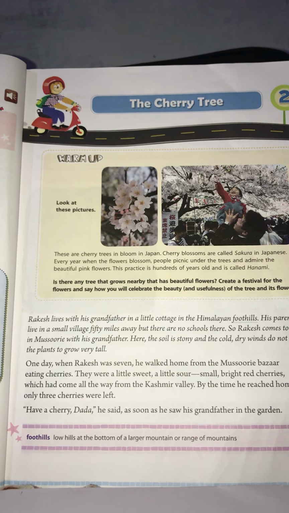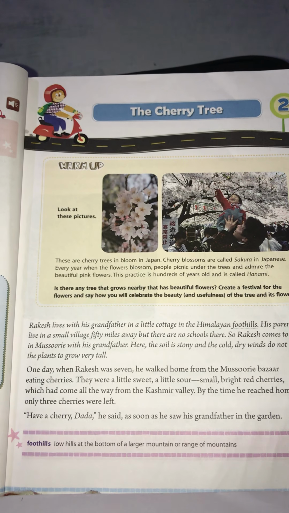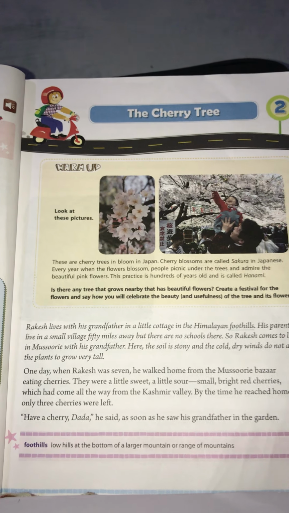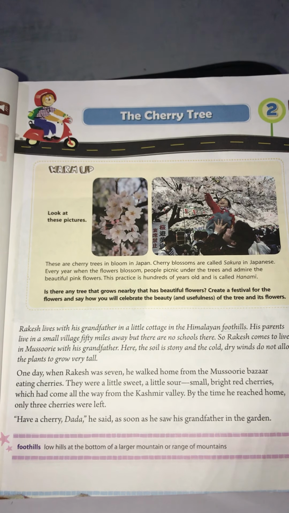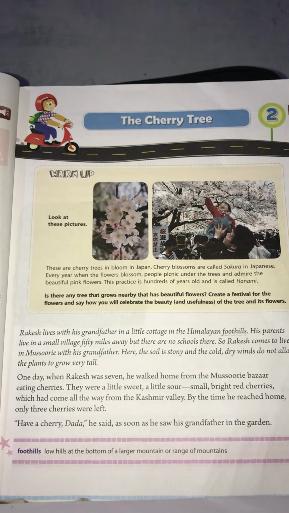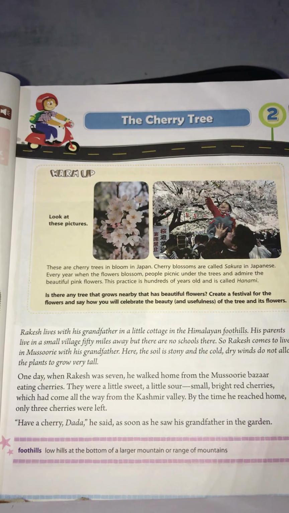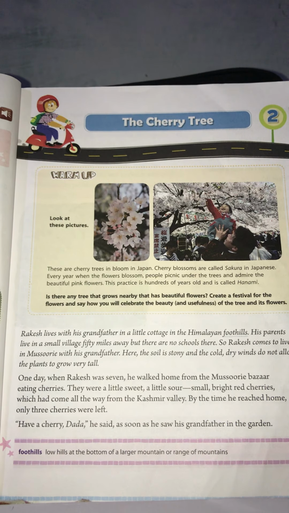Rakesh turns 9 in February and the cherry tree turns 4 years. It almost reaches up to his head now. One day, his grandfather sees some pink flowers on the cherry tree. For Rakesh, it is nothing short of a miracle.